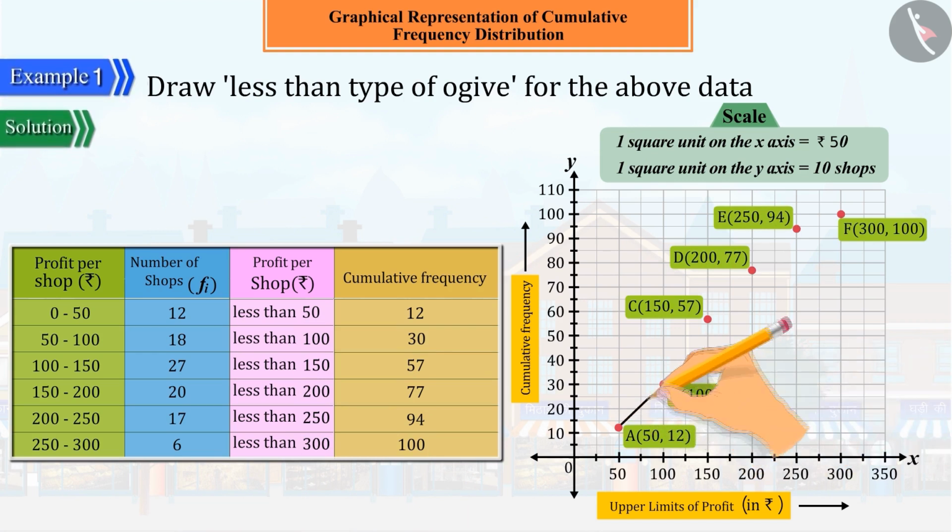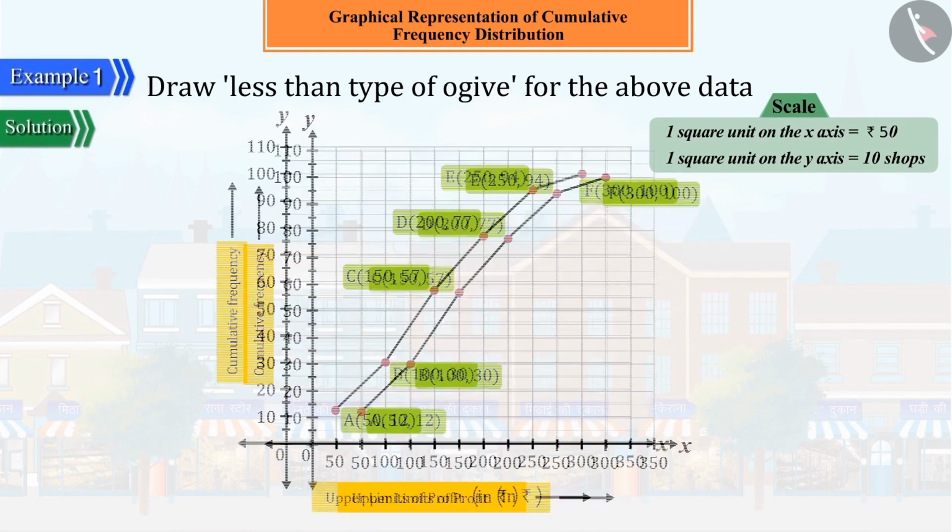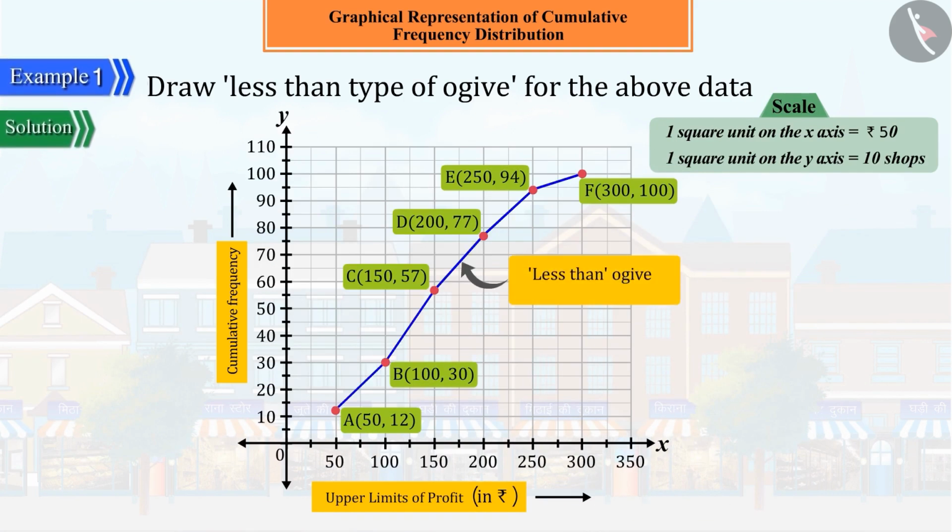And join all these points carefully. The curve so obtained is called less than type cumulative frequency curve or ogive. Let's look at another example.